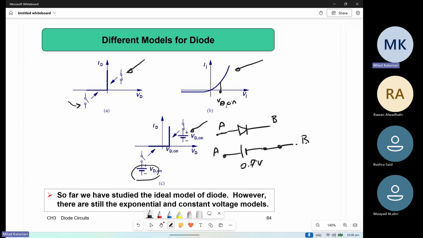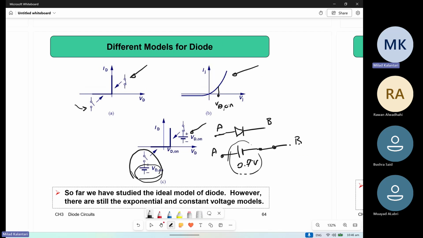Before this it is not turning on, but since it's open, it doesn't matter that much, because in the reverse bias this voltage doesn't do anything. This line is open. But for the on state, this extra voltage needed can modify your circuit.